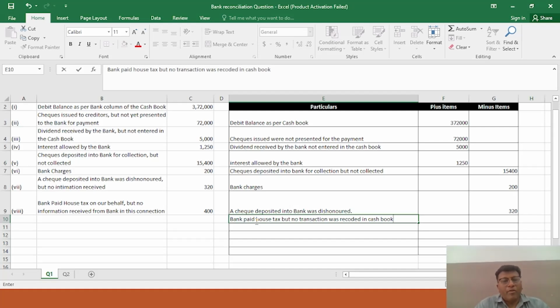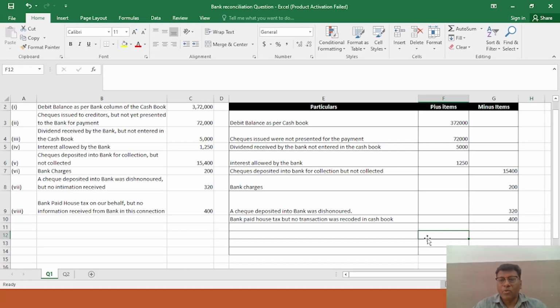So you see rupees 400 which was paid as a house tax on our behalf by the bank, right? So bank balance was reduced over there, but as you are not having any information regarding this transaction from the bank, in this connection 400 the balance is less in the bank, so you have to write it in the minus items.